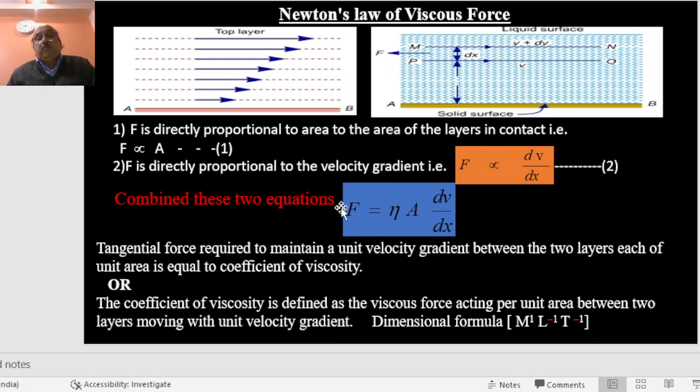If we plug in the dimensions of force, area, velocity, distance, then we are able to find the dimension of eta as well. The dimension of the coefficient of viscosity is M1 L minus 1 T minus 1.